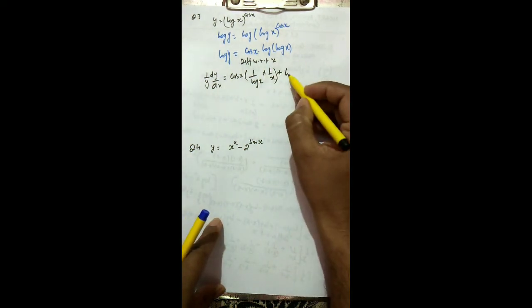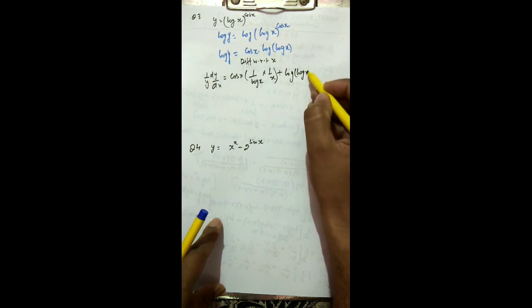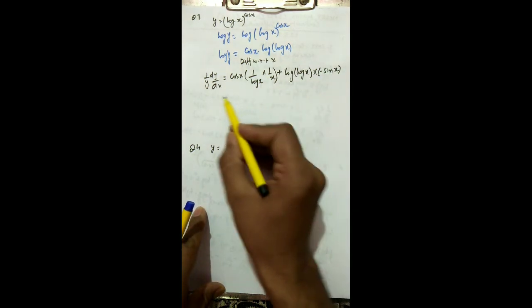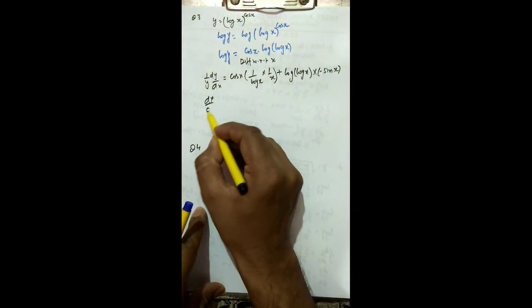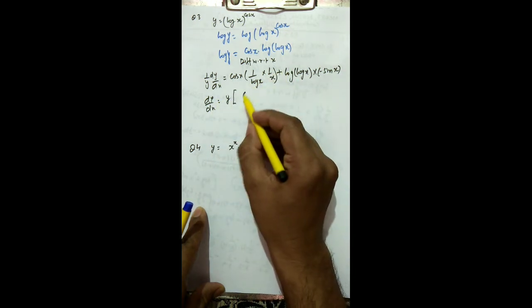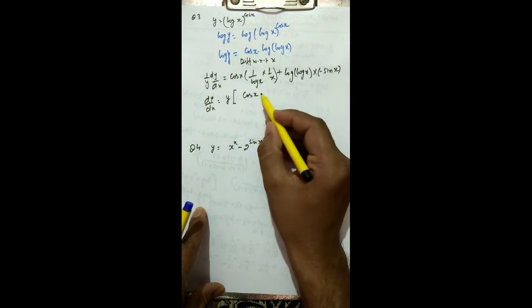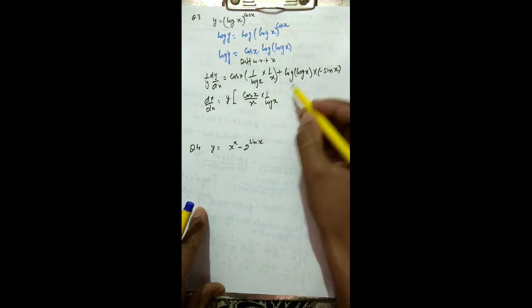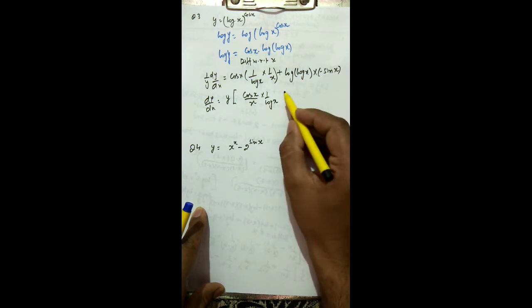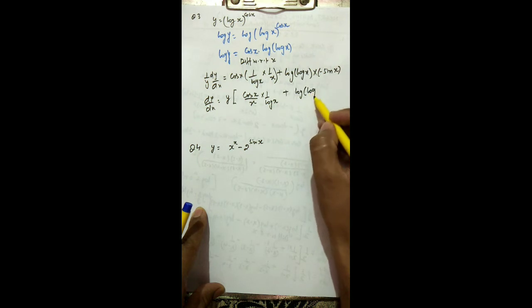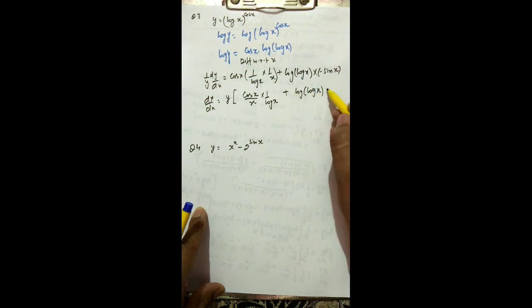Now take log log x as it is and differentiate cos x. The derivative of cos x is minus sin x. So now your answer has come. You can write dy by dx equal to y, and put the bracket: cos x into 1 upon x log x, plus log log x into minus sin x.